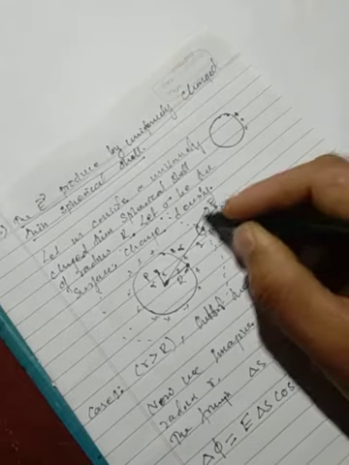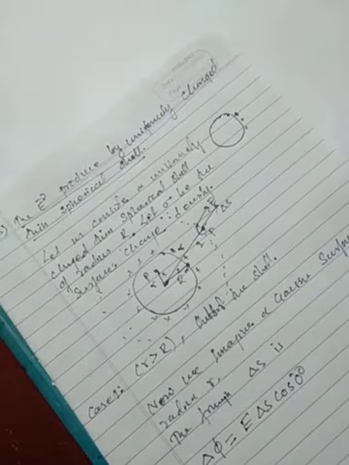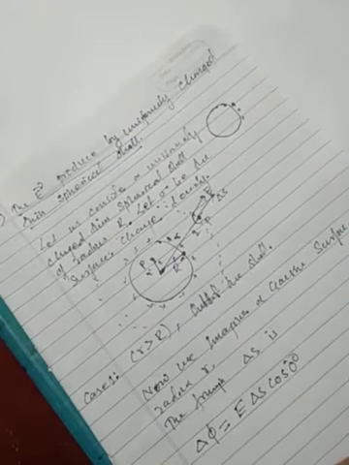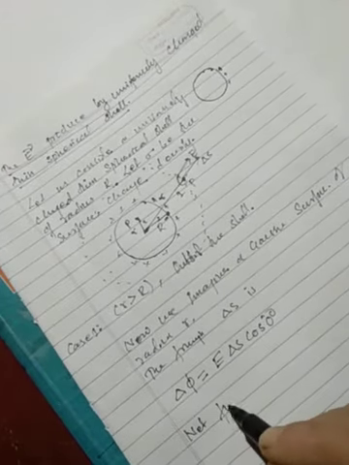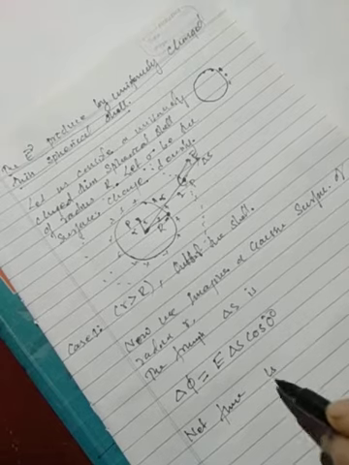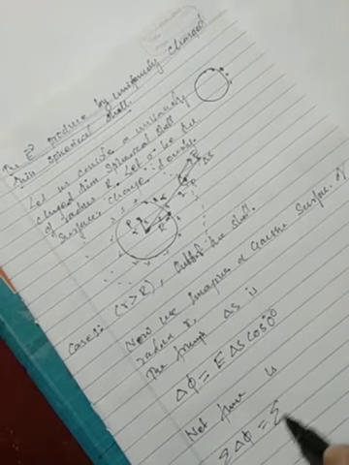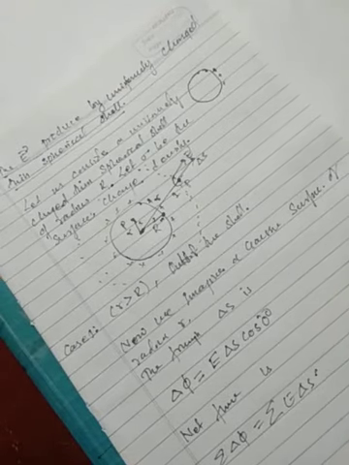Why? They are in the same direction, isn't it? So net flux is the summation of E del S cos 0, which is 1. You can write it or not.